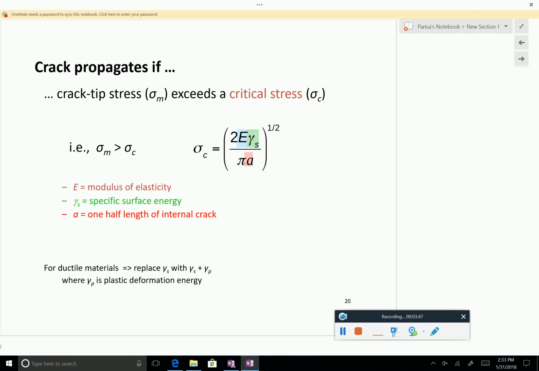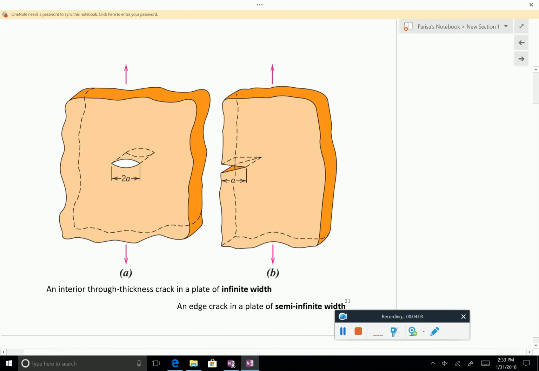Elastic modulus, and of course, it is also related to the size of the crack. So the smaller the crack is, it becomes less critical. The larger it is, more critical. Now, the size of the crack, the way we define it, it depends if the crack is an internal crack or a surface crack. Remember that when it is internal, basically it is 2A, and here is A for the crack size.